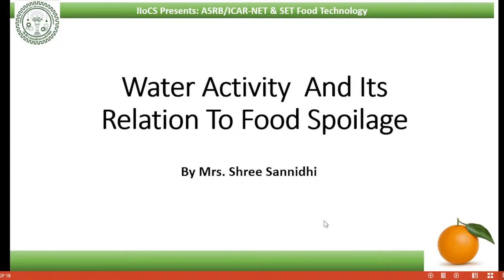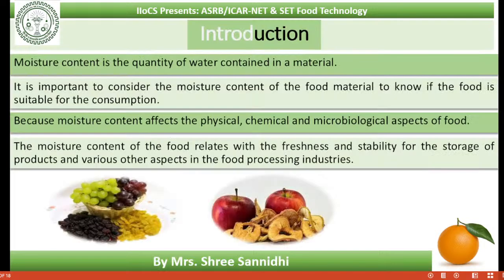Today we will be learning about water activity and its relation to food spoilage. We all know that moisture content is the quantity of water contained in a material. It is important to consider the moisture content of the food material to know if the food is suitable for consumption.